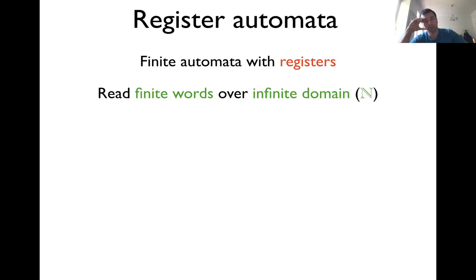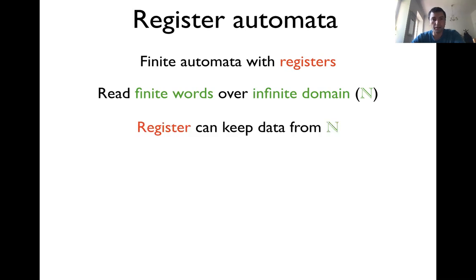We can assume that it's any countable infinite domain. And usually we assume this is just natural numbers. So typically our letters are 1, 2, 3, etc. And the registers can be used to keep these data values. So letters are called data values, these data values from N.